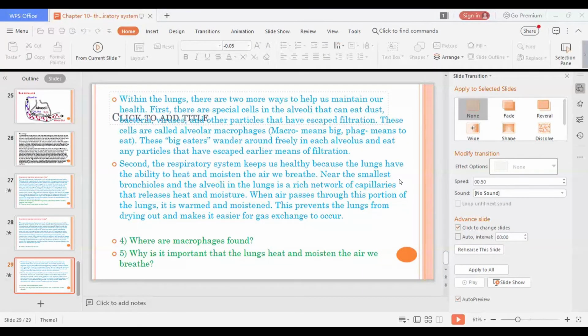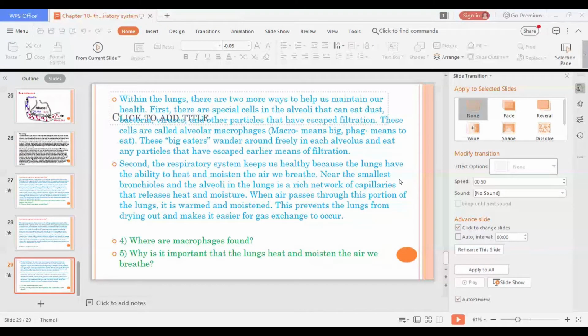Within the lungs, there are two more ways to help us maintain our health. First, there are special cells in the alveoli that can eat dust, bacteria, viruses, and other particles that help escape filtration.